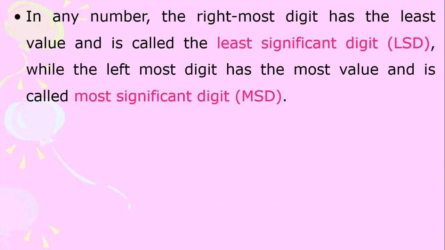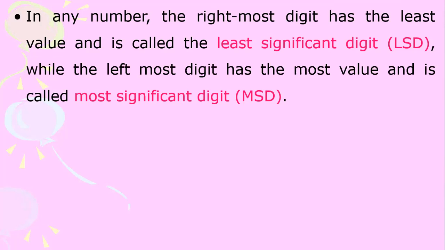In any number, the rightmost digit has the least value and is called the least significant digit, LSD. In our case, it is 9.